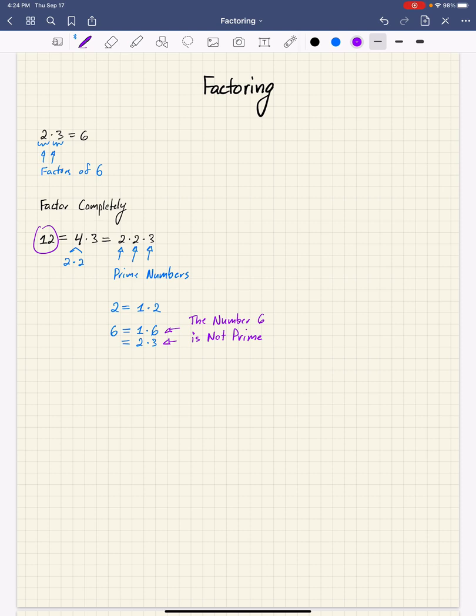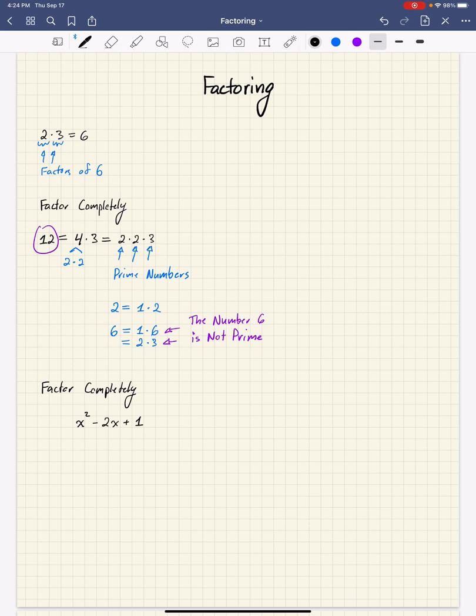But factoring is very useful at all different levels of math. When you get to algebra, you'll see a slightly more complicated version of factoring. For example, we may see something like factor completely, and we may have some expression with variables such as x squared minus 2x plus 1.